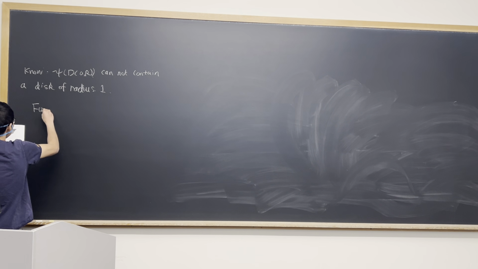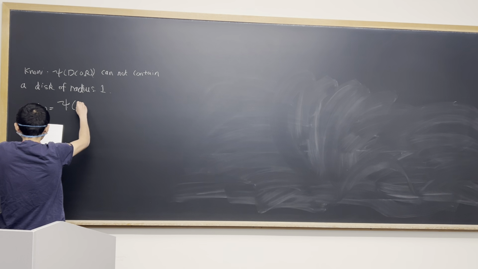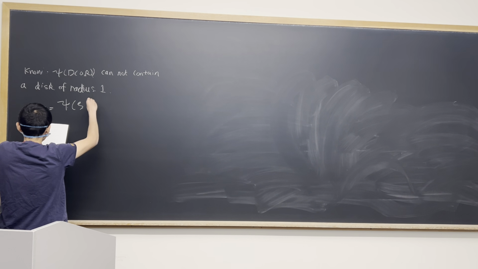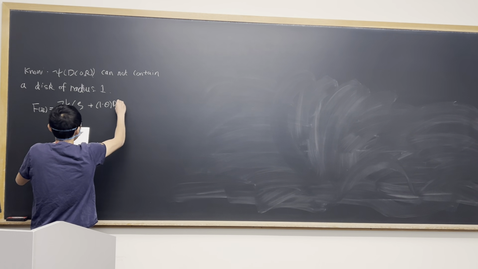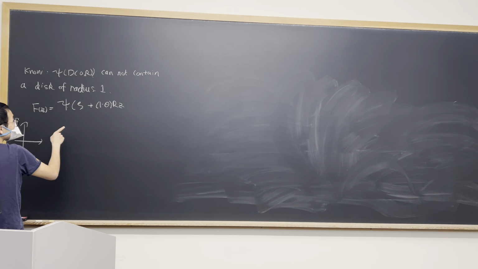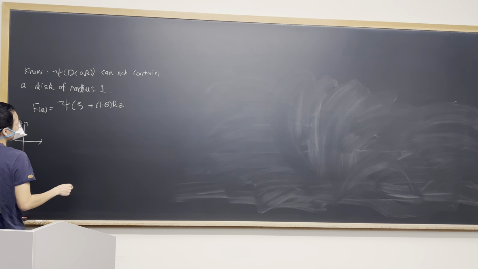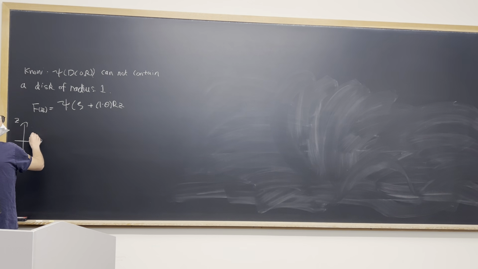We know that F is equal to, the input is Z, and then you multiply it by a factor of 1 minus theta r times Z. So you can think of this as the Z plane, and then you do a dilation by a factor of 1 minus theta r Z.